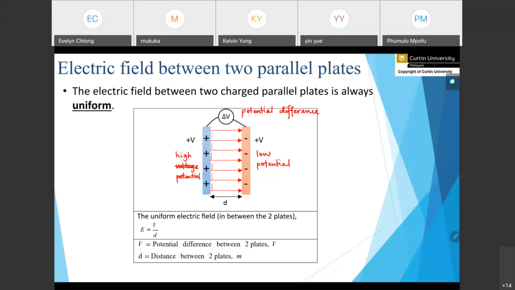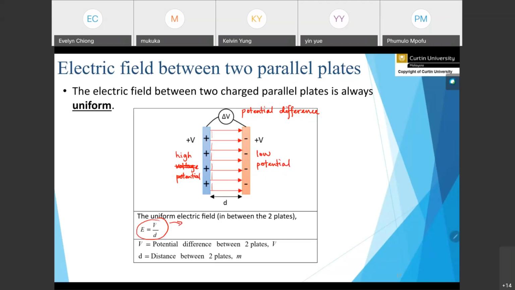So the uniform electric field in between two plates, instead of just now we said E equals F over Q, for two parallel plates you have this one. The V is the potential difference. The D is the distance between the two plates.